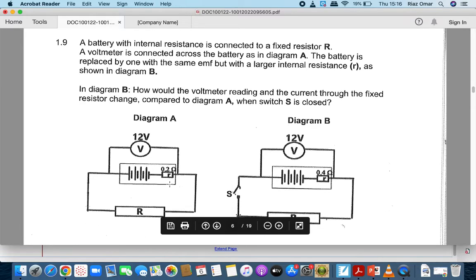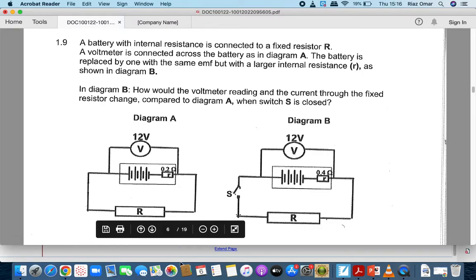Now 1.9. A battery with an internal resistance is connected to a fixed resistor R. A voltmeter is connected across the battery as in diagram A. If you look at diagram A, you've got your battery with internal resistance, voltmeter, and resistor in series.